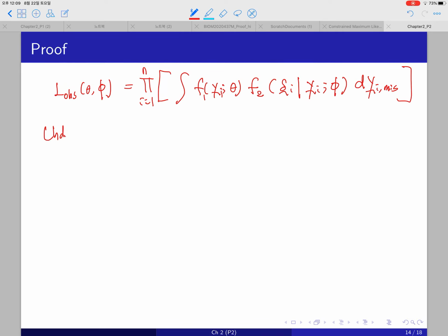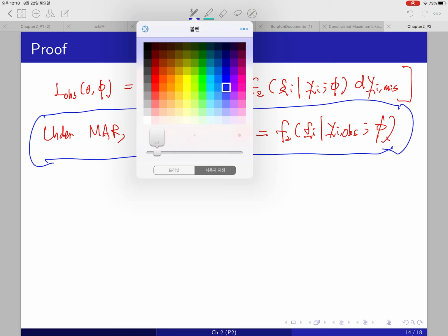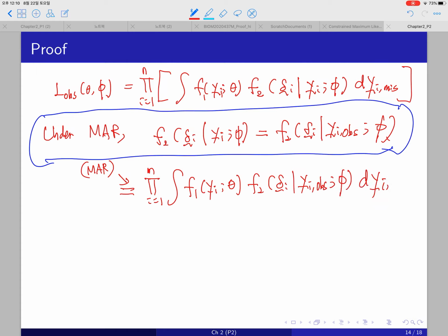And under MAR, we have f2 of delta i given y i, phi is the same as f2 of delta i given y i observed, phi. So we can write it this way: the integral of f1 given theta times f2 of delta i given y i observed and phi, dy i miss.